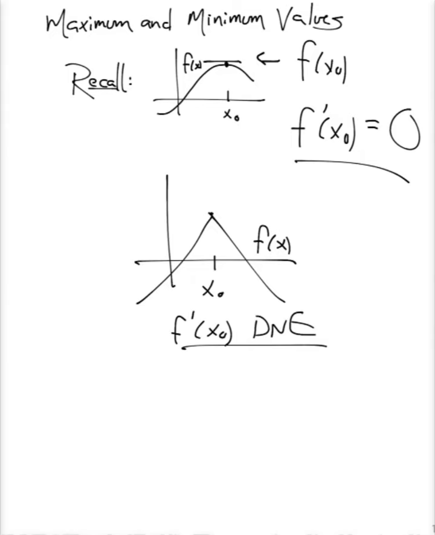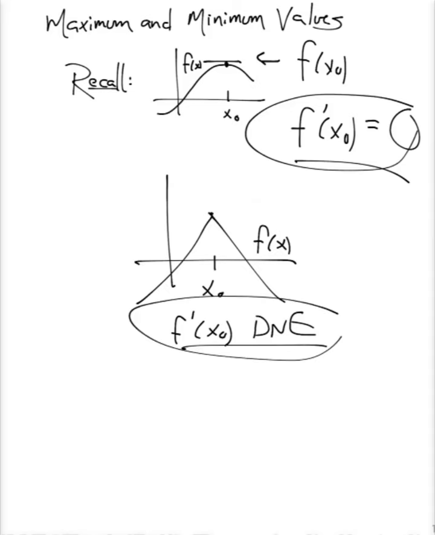So if you'll remember, we defined an object called a critical point, and we said that x naught is a critical point if either the derivative is equal to 0 or the derivative did not exist. Either of those conditions gave us what we call a critical point. We'll do something very similar now for functions of several variables.